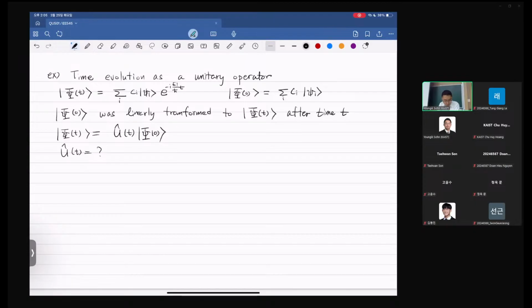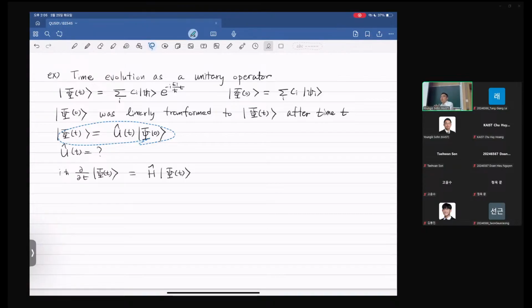So let's go back to our original time-dependent Schrodinger equation. This was our starting point. And that operator is a Hamiltonian, representing energy. What I'm going to do is apply that to the Schrodinger equation.